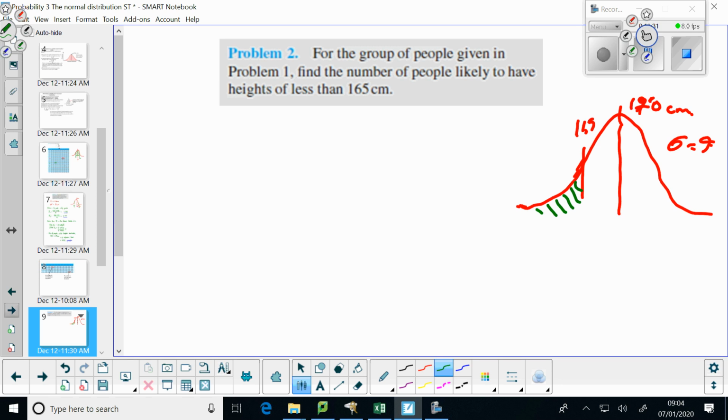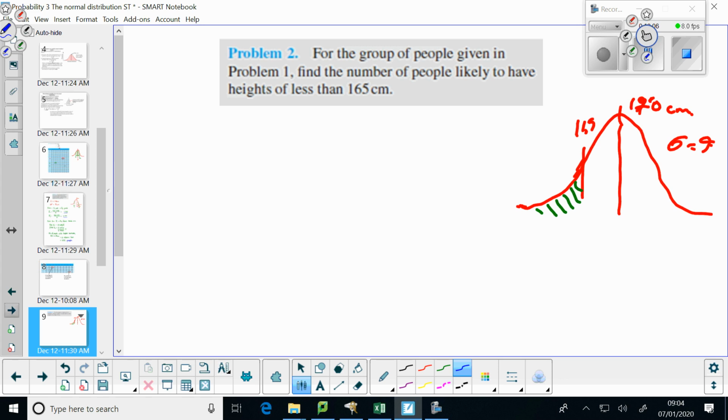How are we going to find that? Or how are you going to find that? What are you going to do? What area are you going to find to take away from that? Yeah, but you don't. What's the area of half of this?